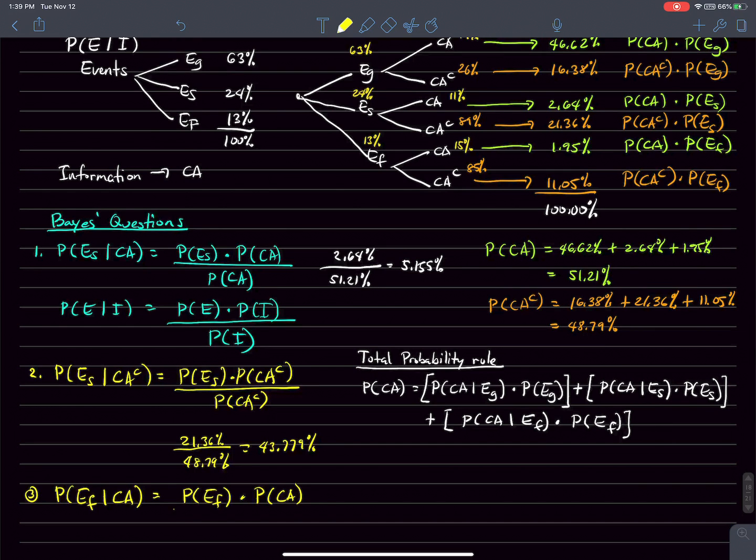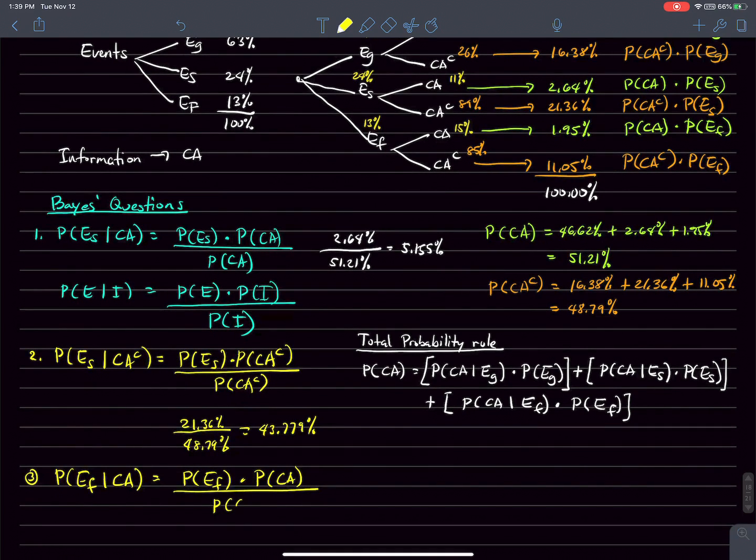Currency appreciates. Remember, this is your probability space. So the probability of currency appreciating. Here you have to use the total probability rule to get the probability of the information that currency appreciates, which is 51.21%. So let me plug it here, 51.21%.